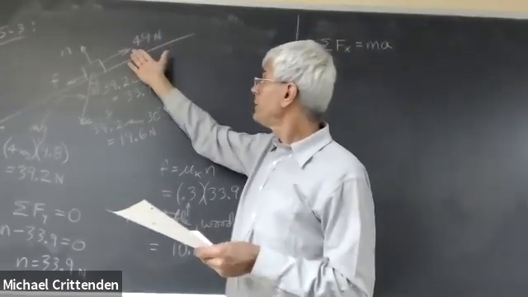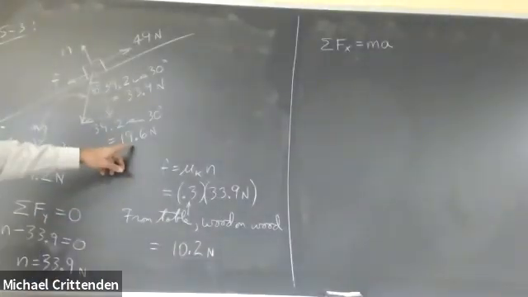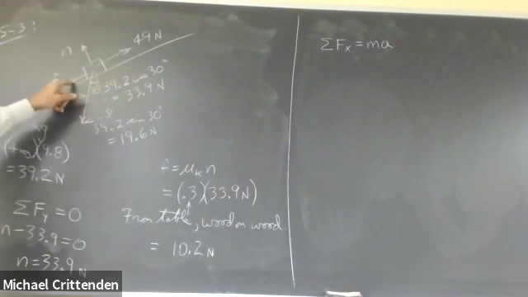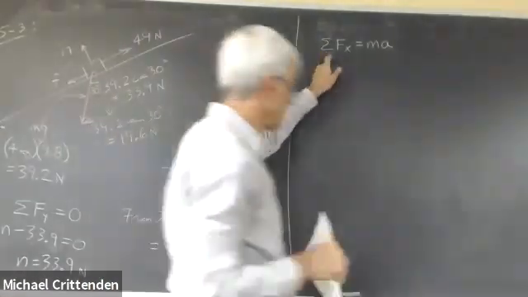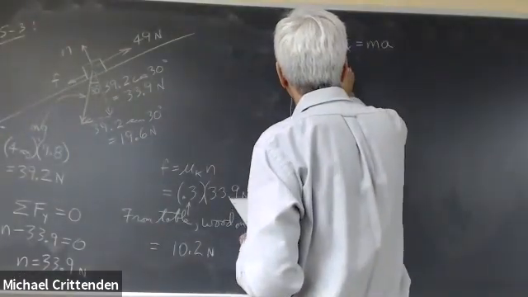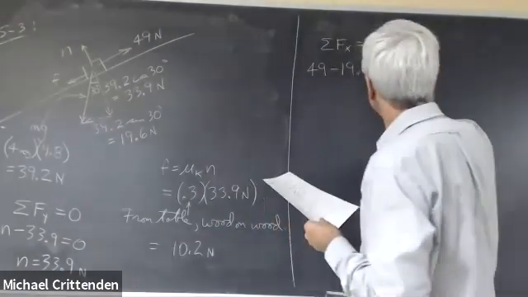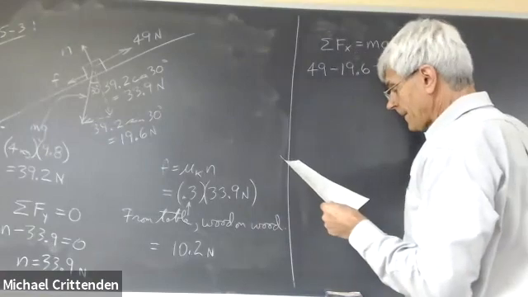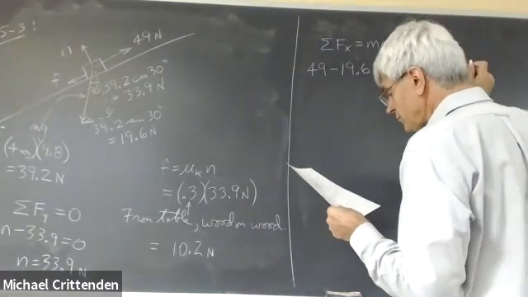So uphill we've got the 49. Downhill, I've got the x component of the weight and also the friction. So there, and there, they all go into that. 49 in the positive direction, 19.6 downhill for the weight, 10.2 downhill for friction.